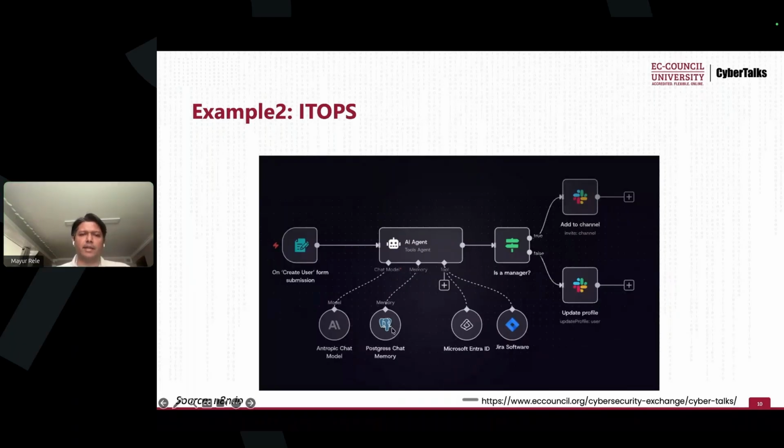Postgres is required for chat history, so you're not repeating the user information if you accidentally add the same user information. It will look into the data that was inserted and give you some insights here. It can also check if you have the IDs created in Microsoft and Jira and what kind of access they have. This can be fully automated.